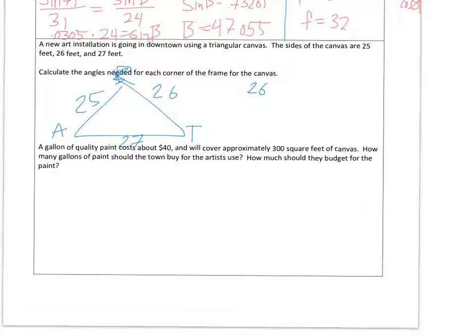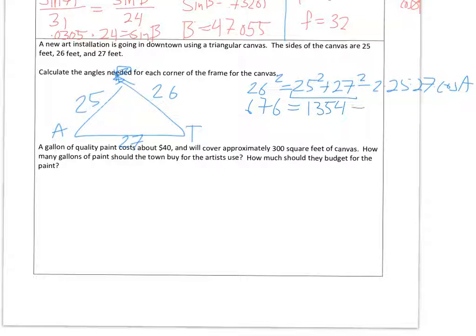And we get 26 squared is equal to 25 squared plus 27 squared minus 2 times 25 times 27 times cosine of A. As I start to calculate these things, 26 squared is going to be 676. 25 squared plus 27 squared is going to be 1354. 2 times 25 times 27 is going to be 1350, and I've still got a cosine A.